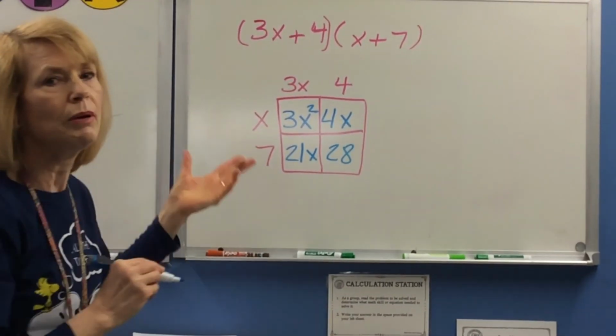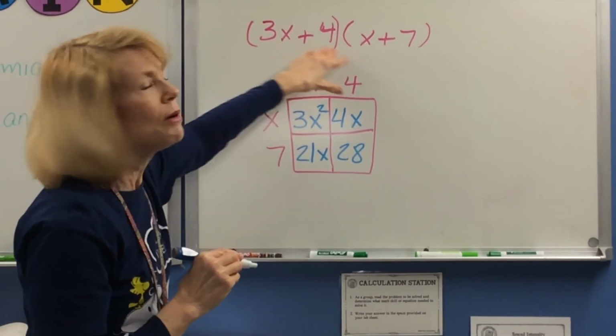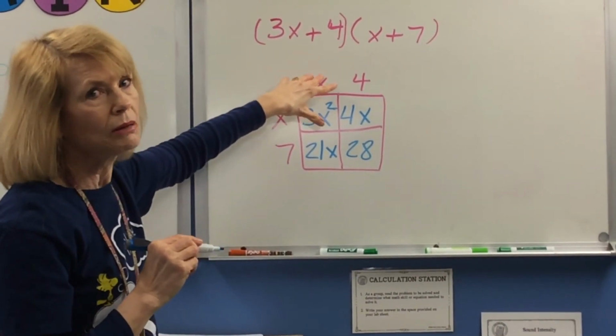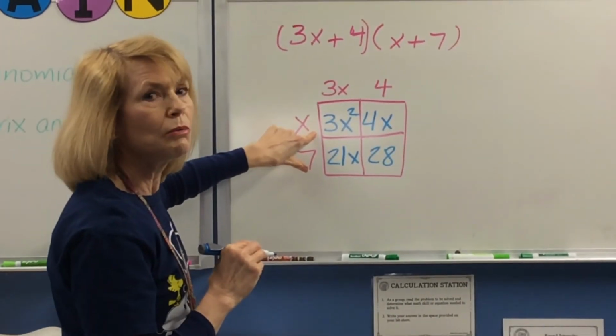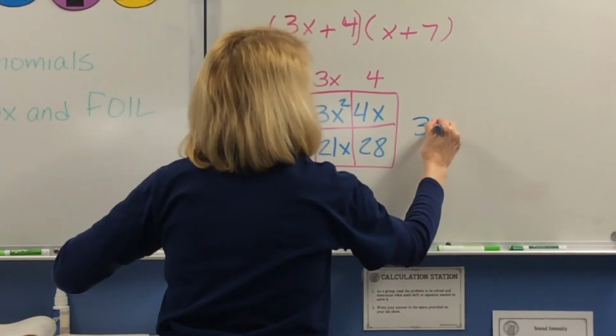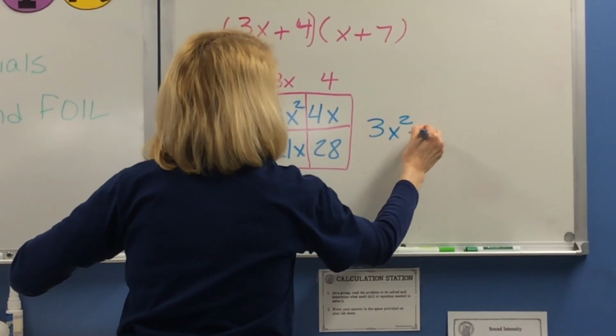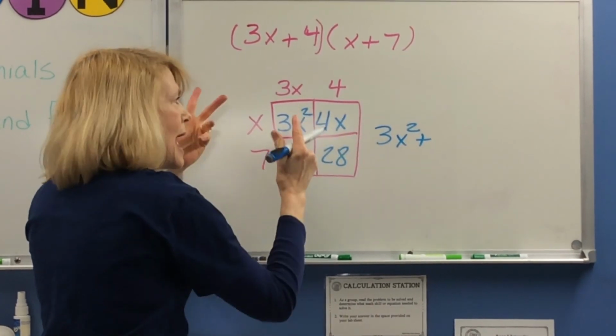Okay, now you're saying, what do I do with these numbers? They're being multiplied, they're all positive, so we're going to add them all together. You're going to start with the term with the highest exponent. So 3x squared. Then you have 2 terms that have 1x, so you just add them together.